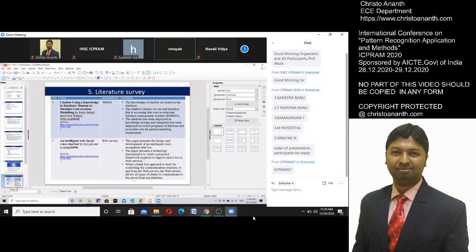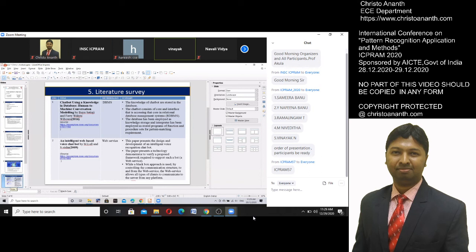And next is the literature survey. The first paper is about a chatbot using a knowledge database, human to machine conversation modeling, written by Abu Shawar and Atwell in 2006. It uses mainly DBMS technology. In this, the knowledge of the chatbot is stored in a database, and the chatbot consists of a core and an interface accessing that core in a relational database management system.